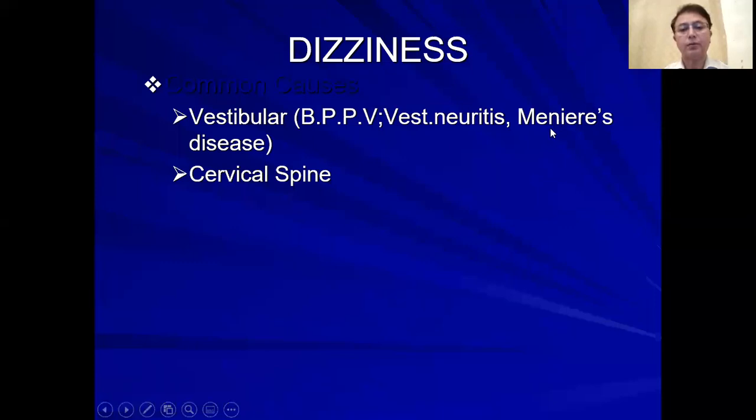Today we'll go through Meniere's disease, as we have already gone through these two pathologies. Benign paroxysmal positional vertigo is the most common cause of vertigo. It is calcium carbonate crystals from the utricle that have fallen into the semicircular canals, mostly the posterior or inferior semicircular canal.